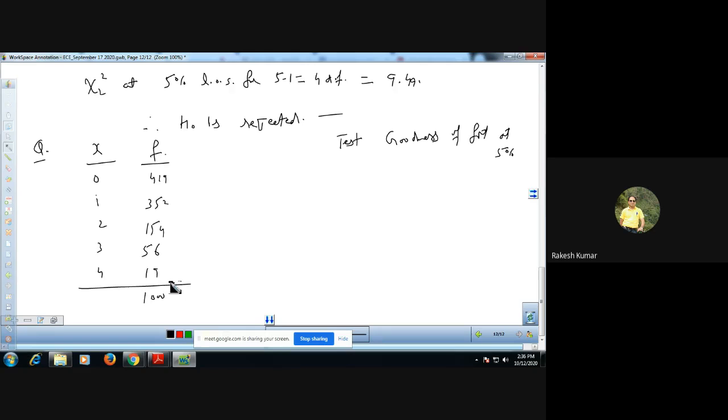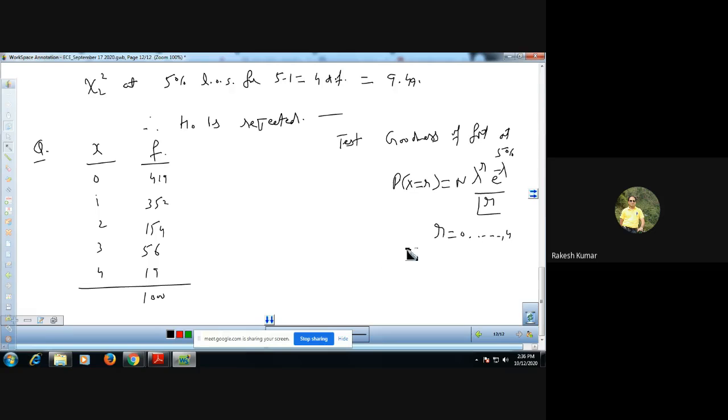You can check. And you know that the Poisson distribution formula is probability X equal to r is equal to lambda power r, e power minus lambda, over r factorial. And in this case, r is 0, 1, 2, 3, 4, so from 0 to 4 you can put.